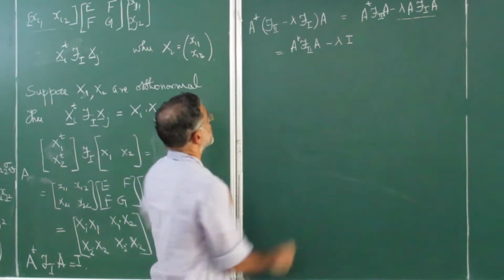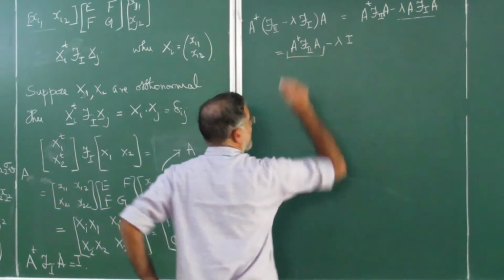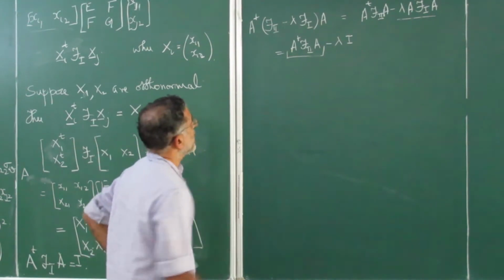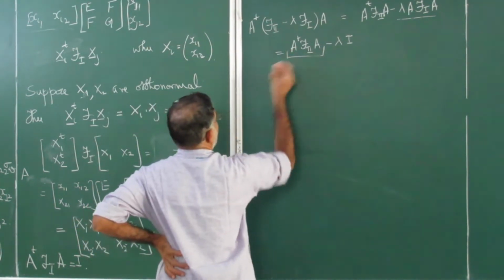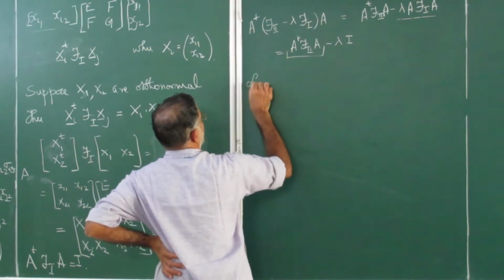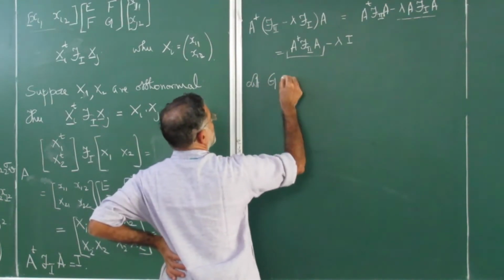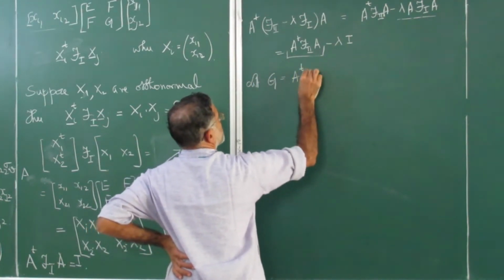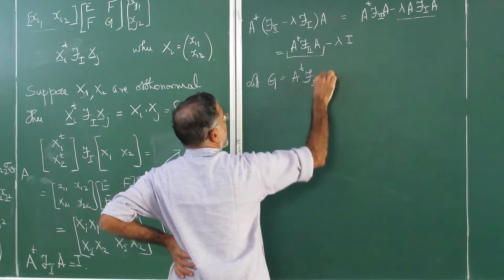Now we have got into this. Now let us look at this matrix, let us call this G. Let G be this matrix A transpose F2 A.